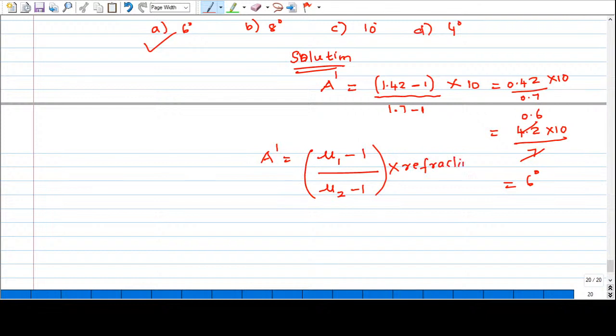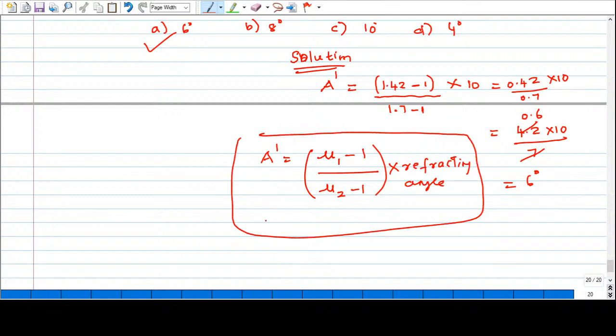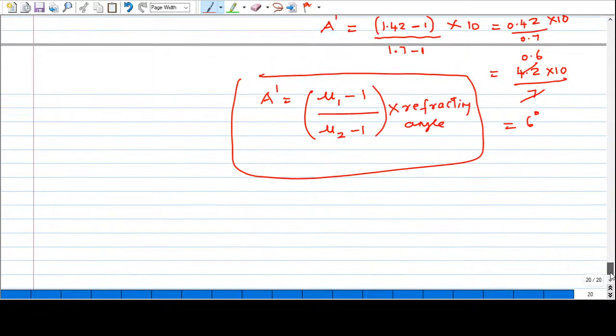A dash is equal to mu1 minus 1 by mu2 minus 1 into refracting angle. Use this formula, you will get the answer immediately for the question. Now let us go for the next sum, number 8 of the same lesson. I am giving so much importance to this lesson because the weightage is more for the NEET.